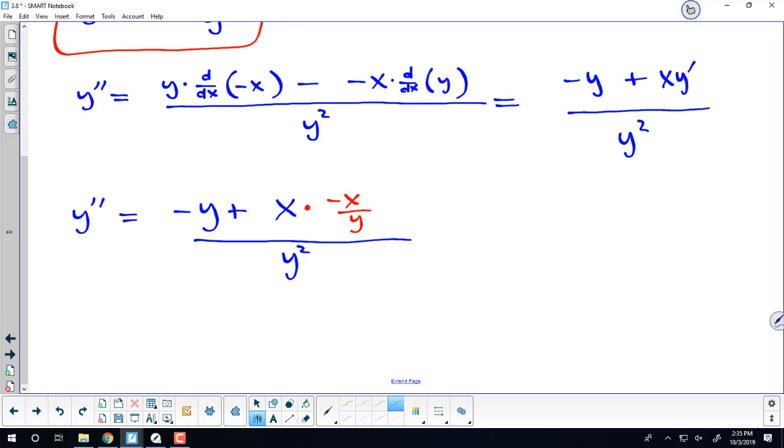And to simplify from here, it's the same tactic you always use when you have complex fractions. You're just going to clear the complex fraction on the top. Well, rather, we're going to clear the smaller fraction by multiplying both top and bottom through by y. So from here, we're going to multiply by y, or 1, rather, y over y.